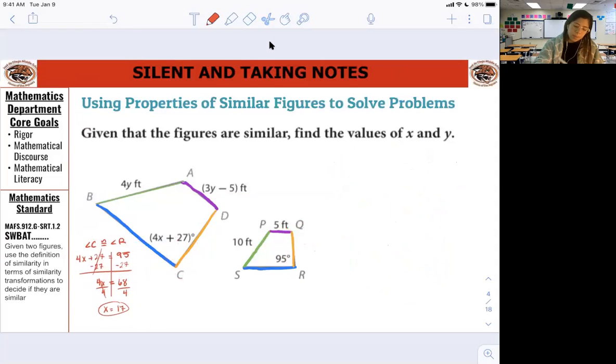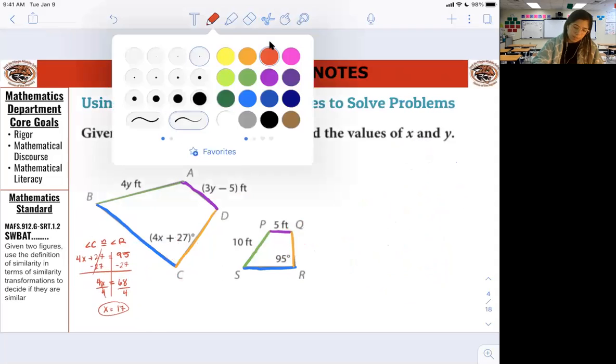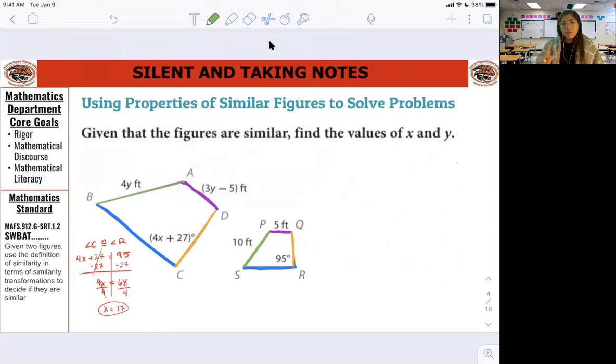I'm not going to put any numbers or letters yet, but do you guys want to do small to big or big to small? Small to big, to change it up. Okay, so we'll do small over big. Just keep in mind that's the way we're doing it. So in that case, I need to do 10 over 4y.